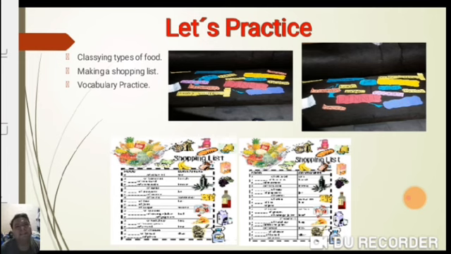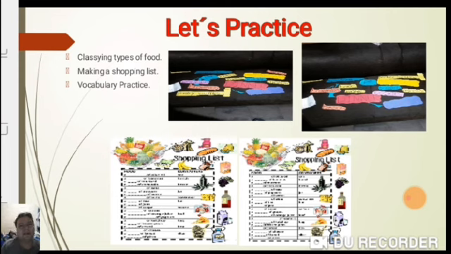And I would say to them, well, guys, I would like you to practice what you already covered in the presentation stage, and I would like you to classify the types of food according to the three meals during the day. In this case, breakfast, lunch, and dinner.